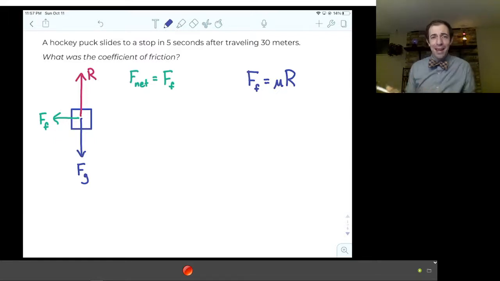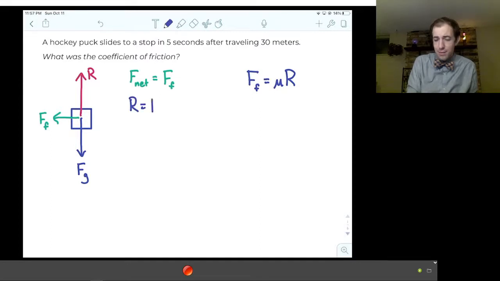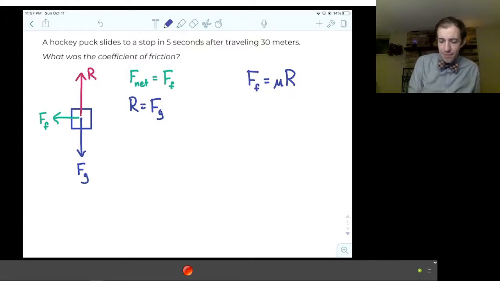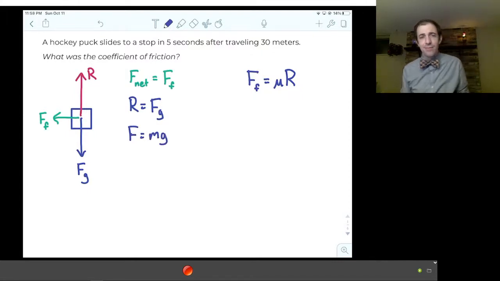So remember, we don't actually have a mass in order to calculate Fg, but we know that Fg and R are equivalent, right? So R is equal to Fg. And we know that Fg is equal to mass times gravity. That's how you would calculate the force of gravity.